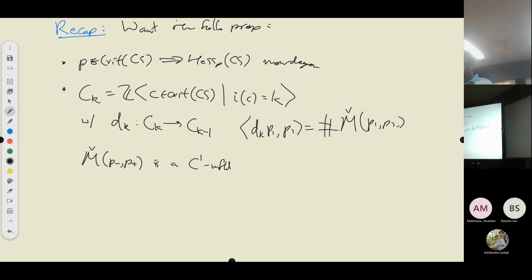A C1 manifold of dimension index of P minus minus index of P plus minus 1, when P minus is not equal to P plus, and we ask for it to admit a compactification as well.